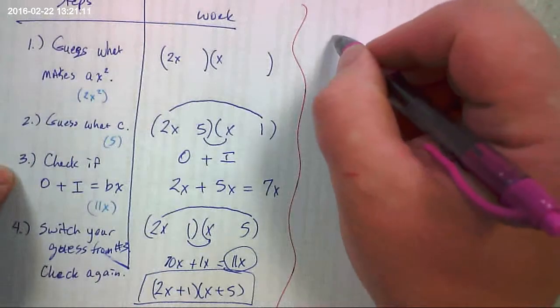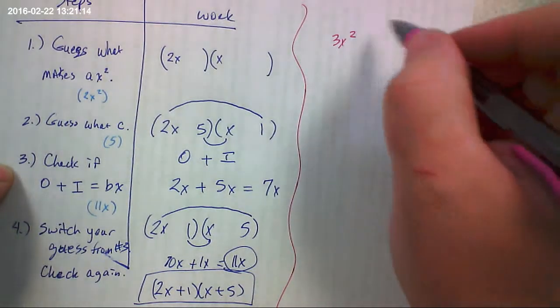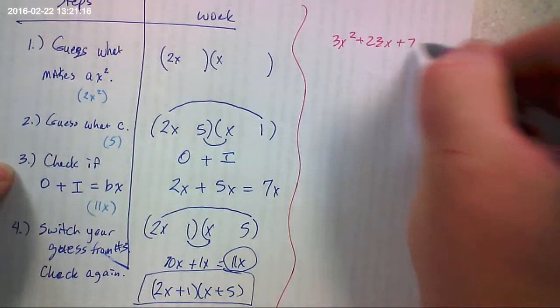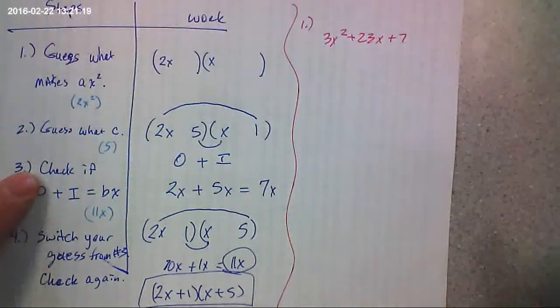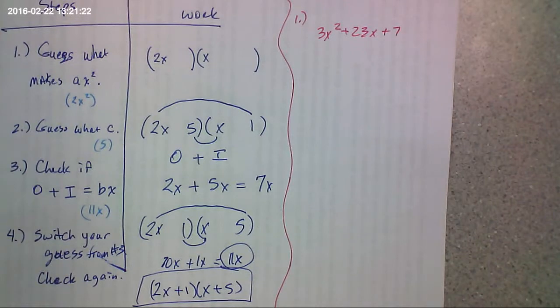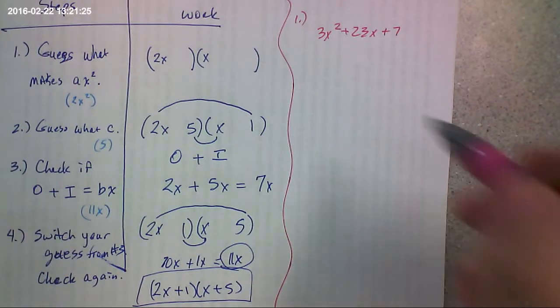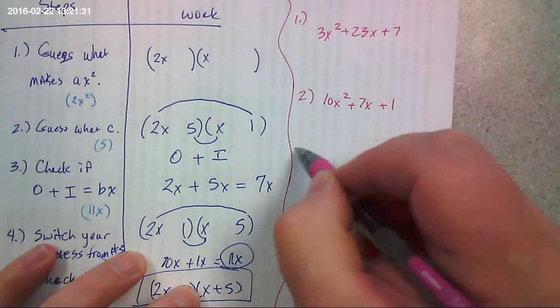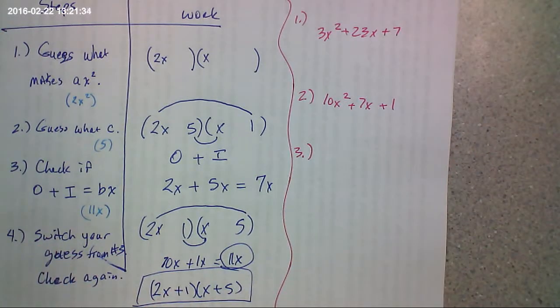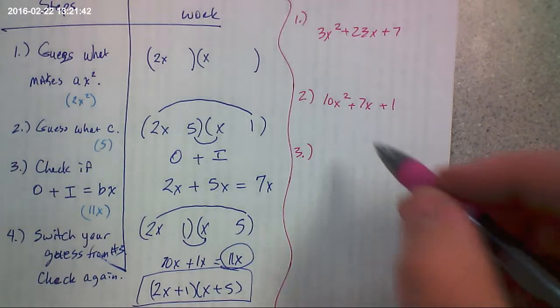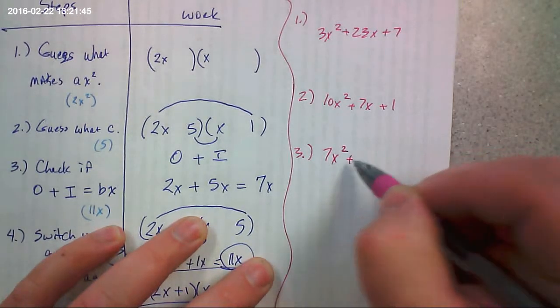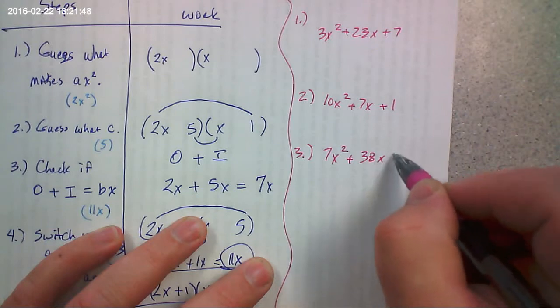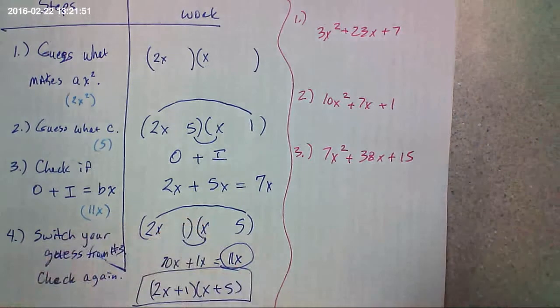Okay, here's the one I want you to try. 3x squared plus 23x plus 7. I want you to do that one right now. We're going to have 3 homework problems.